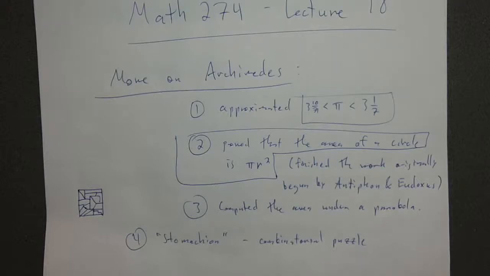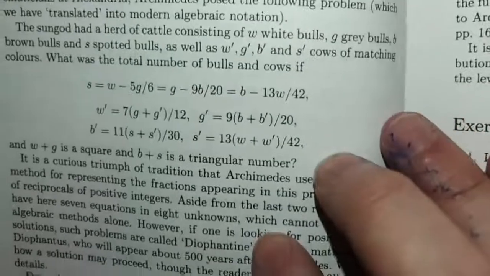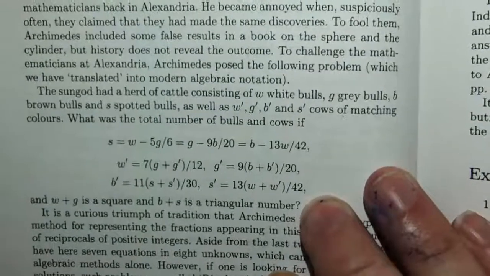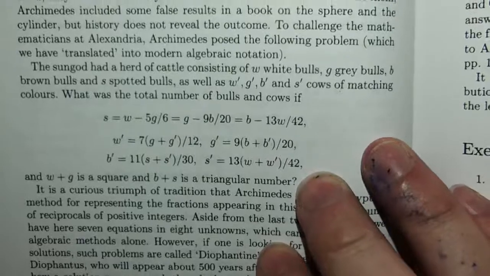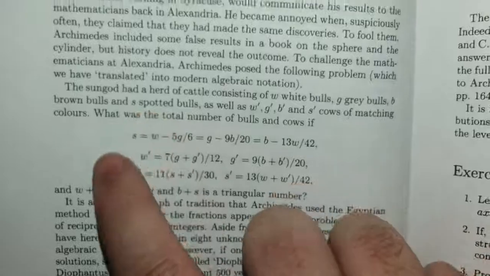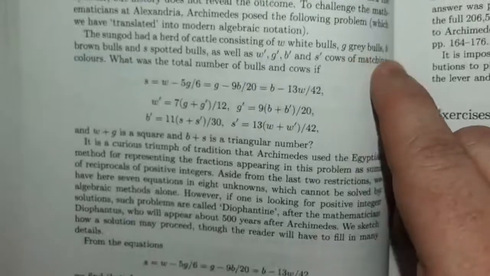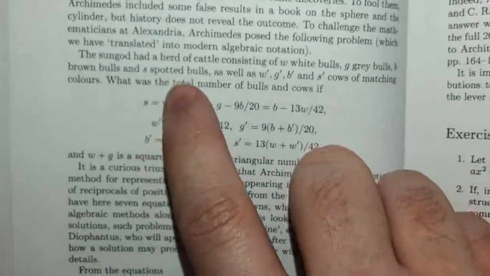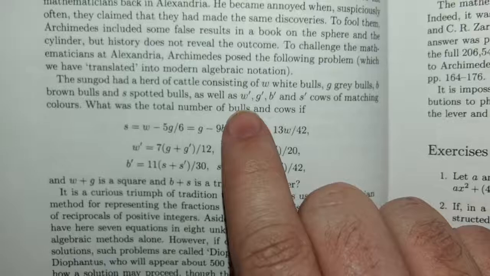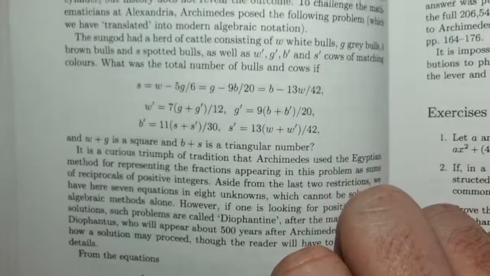Now I'm not going to write out Archimedes' cattle problem. I'm going to give you the description coming straight from the textbook. So what is the Archimedes cattle problem? This was posed as a challenge to Alexandrian mathematicians. The sun god has a herd of cattle consisting of W white bulls, G gray bulls, B brown bulls, and S spotted bulls, as well as W', G', B', and S', respectively, cows of the matching colors.